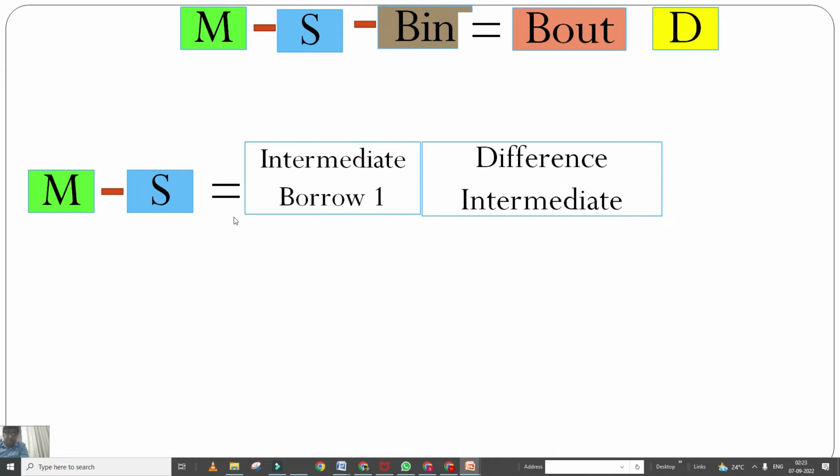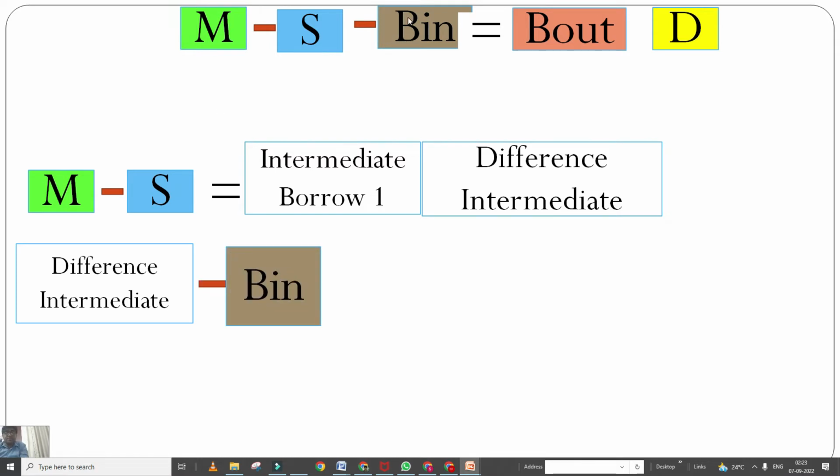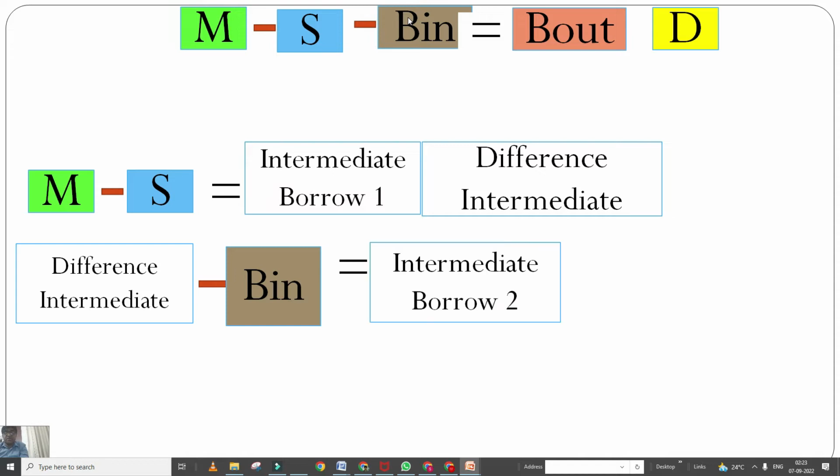In the second step, this intermediate difference minus borrow in gives you the intermediate borrow 2 and the difference.